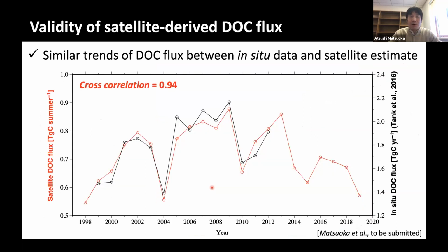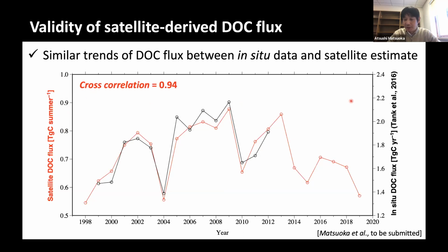So before I show the results, we first compare the satellite-derived DOC flux in red to the in-situ data in black. I note here that the scales on the left-hand side and right-hand side are different. The in-situ data shows much higher values.